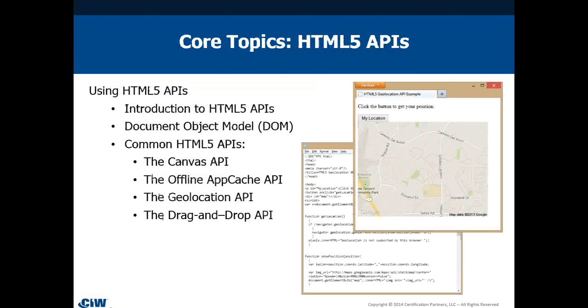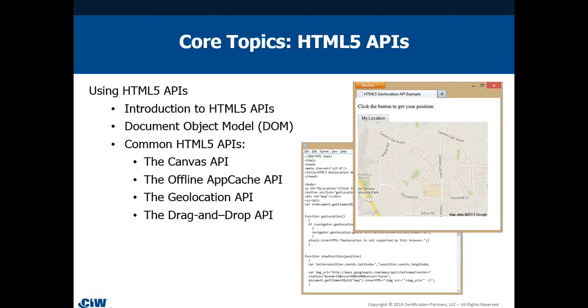Now we're ready for the HTML5 APIs. So they have learned the trifecta at this point, or at least enough of it to be able to do some labs. And so we're going to be focusing on many of them, including the Canvas API, offline app cache, geolocation, and drag and drop.